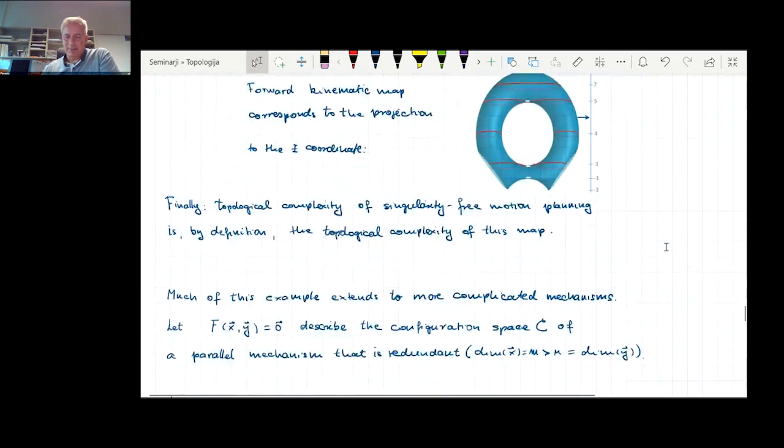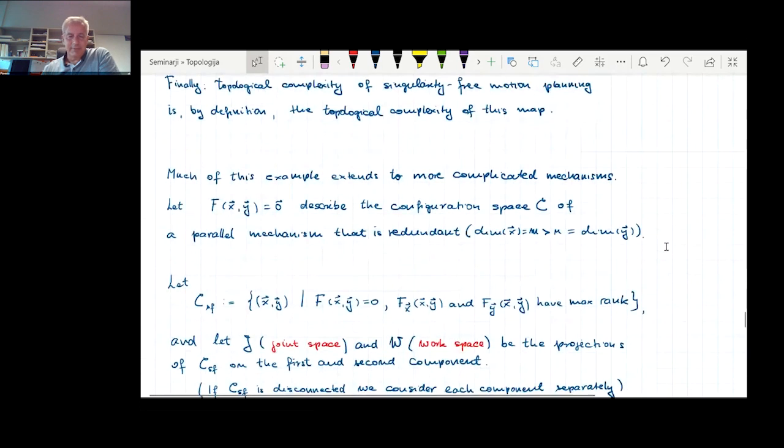the general case. So first of all, as I said, I define the configuration space of a parallel mechanism just as a set of solutions of some implicit equation. F of x, y is 0, x is input data, y is output data.